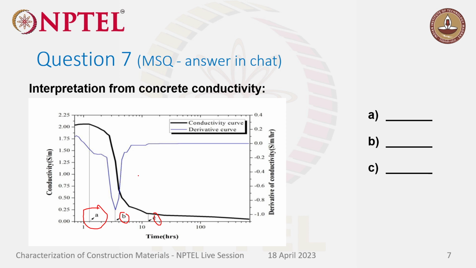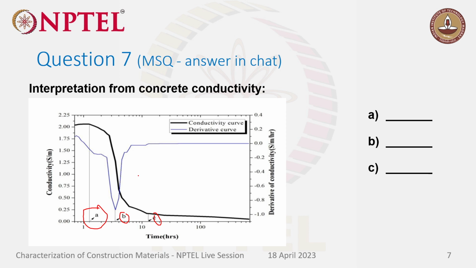Initially there is heat of wetting, and then other things happen, followed by a decrease in heat flow, then suddenly an increase, and then a decrease again. If you remember the heat of hydration curve, you should be able to interpret this. You can type the answers in the chat box.